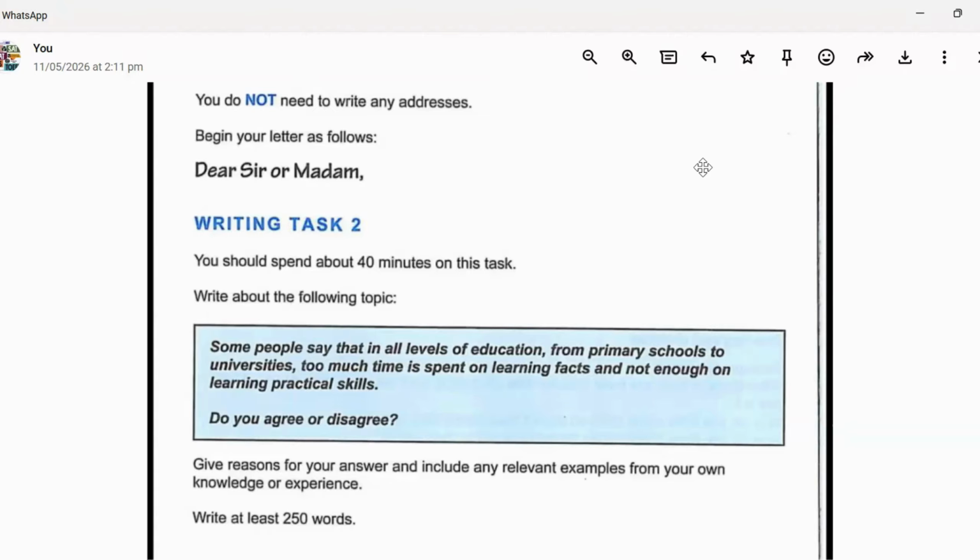Then let me continue. The way you are reading, you should be able to keep paraphrasing like that as you're reading. That in all levels of education, okay? In a particular topic, you might just paraphrase like 3 or 4 times. That's fine. It doesn't mean that you have to paraphrase all the whole words or all the whole phrases.